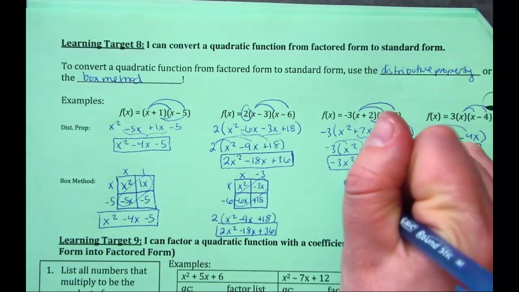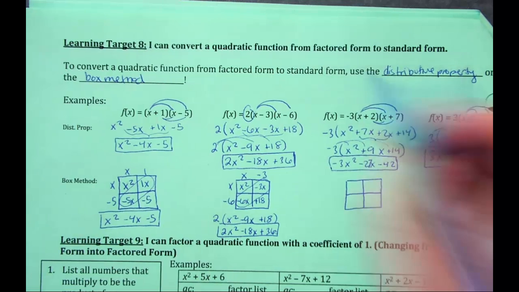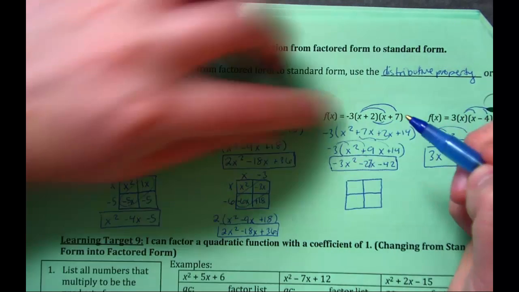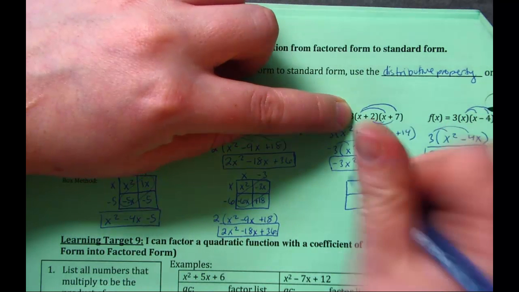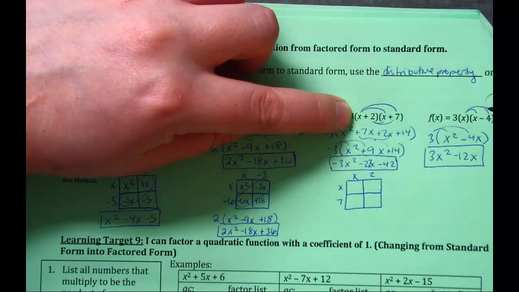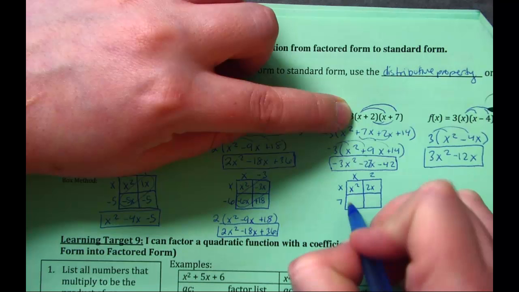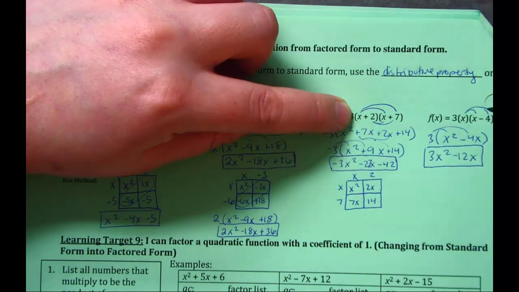Now for this one. Just like before, I'm going to ignore that negative 3 for now and just focus on my 2 factors here. So I have x plus 2 and x plus 7. So I have x squared, 2x, 7x, and 14.